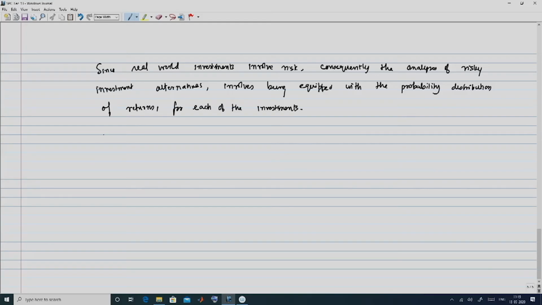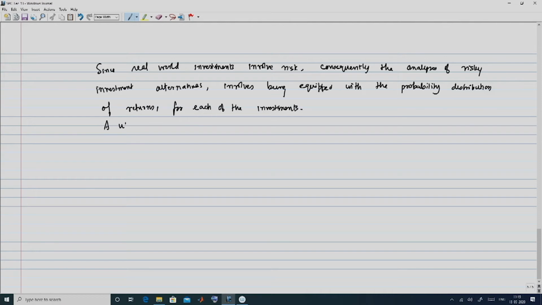And this information about the probability distribution of returns has to be made available in case of all the investment alternatives that are actually being considered to be determined for the best investment in the utility theory framework.